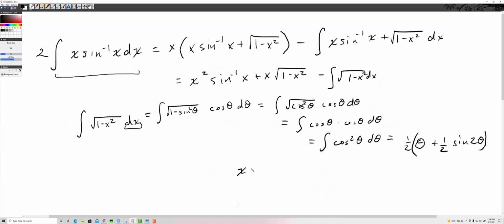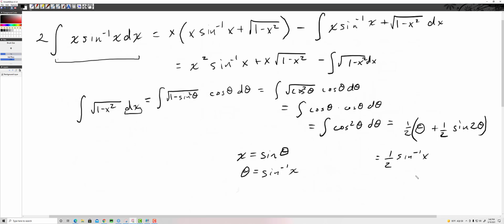So we had that x was sine theta. That's how we started solving this, which means that theta is sine inverse of x. So when we rewrite this, we're going to have 1/2 sine inverse of x, and then plus 1/2 or 1/4 sine 2 of sine inverse of x.